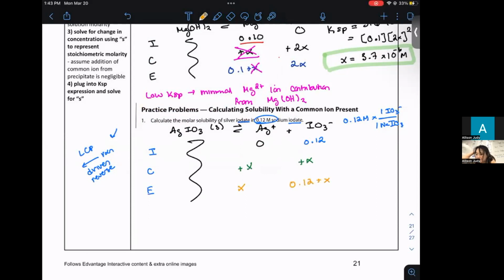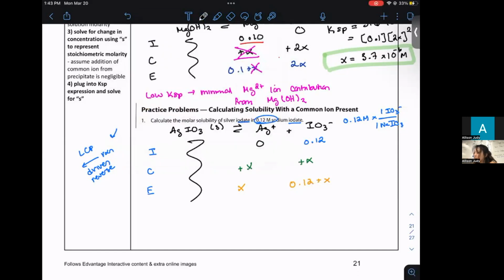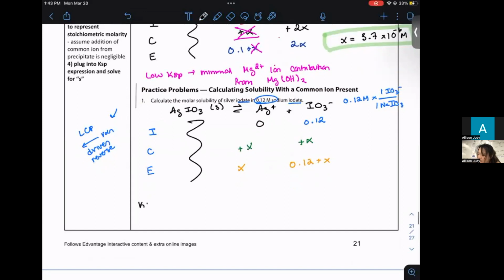But again, if you look at the KSP, they pretty much always give you KSP values where you can apply this assumption, which was what Liam was asking me earlier. It is 3.2 times 10 to the negative 8th for silver iodate, which is still really low. That is a low KSP value, which means that this will be negligible.